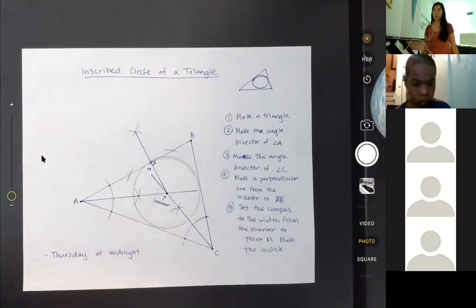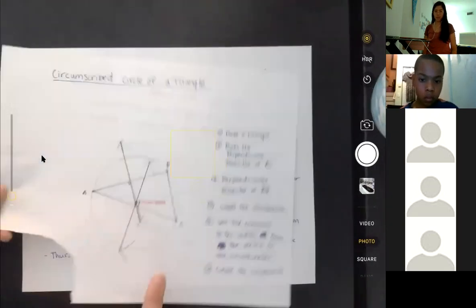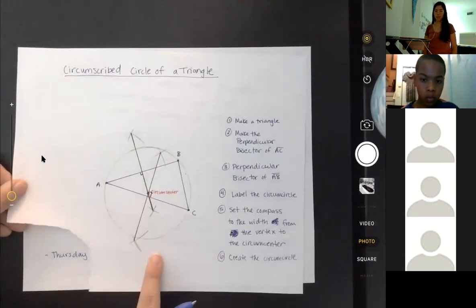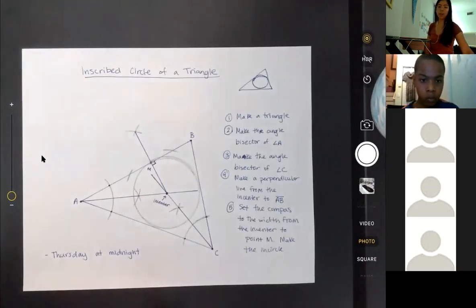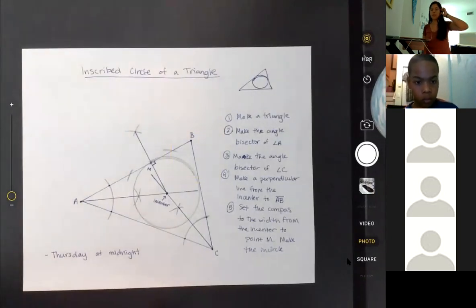When is the circumscribed circle due? Tomorrow. Nope. Wait. Today at midnight? Today at midnight, yeah. So this one's due tonight at midnight. This other one's due tomorrow at midnight. Okay, I got it. And yeah, just send me a picture on Remind. If you prefer another way, you can get me on Instagram or my Google phone number.